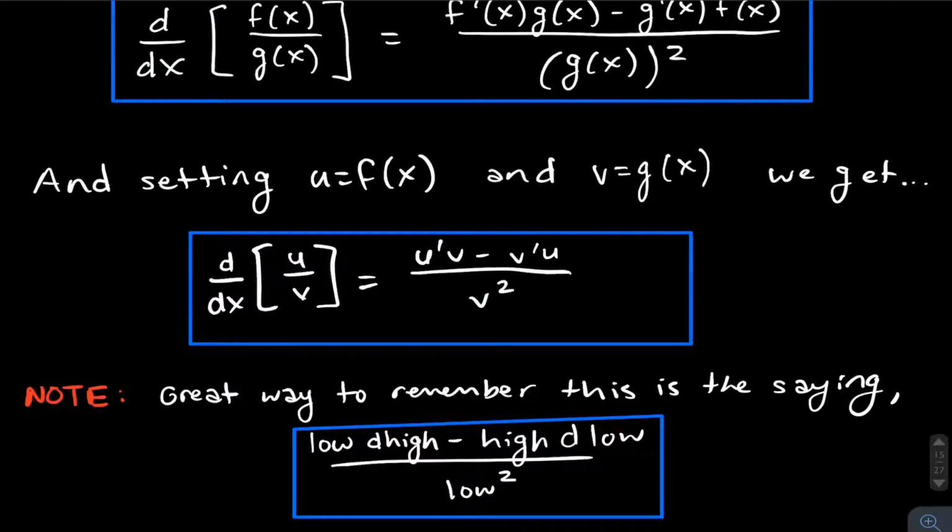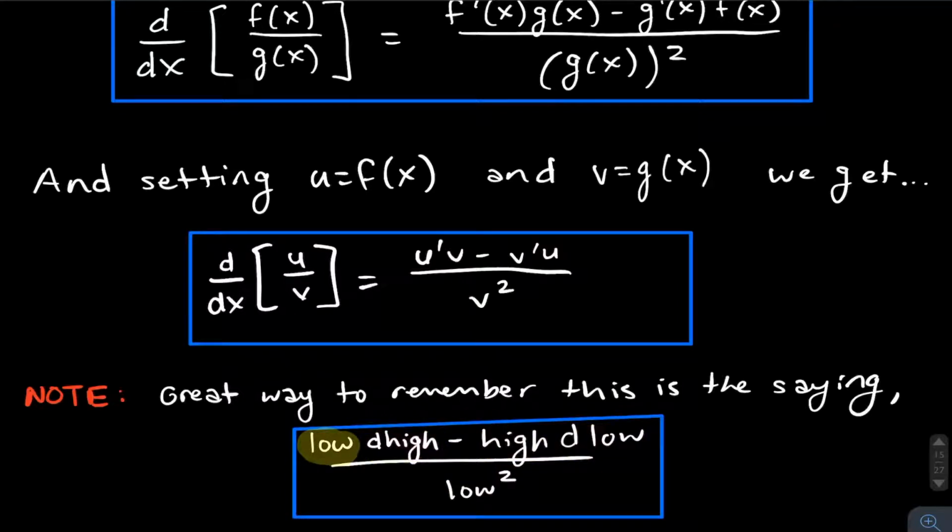This is low d high minus high d low over low squared. Low meaning of course the bottom function, high meaning the top function, and when you say d, it just means derivative. So low d high means you're multiplying the low times the derivative of the high function, minus the high function times the derivative of the low function, over the low function squared.